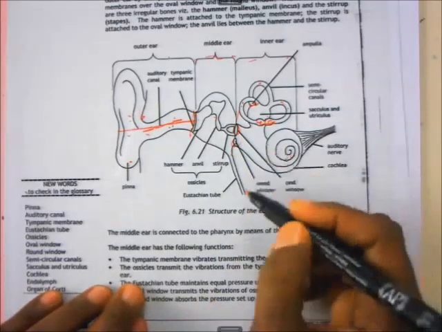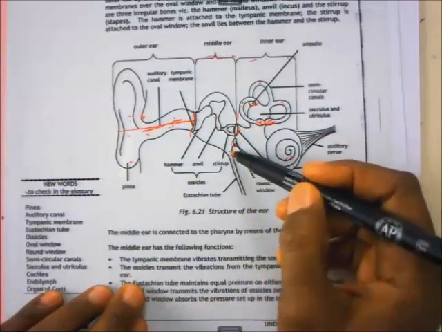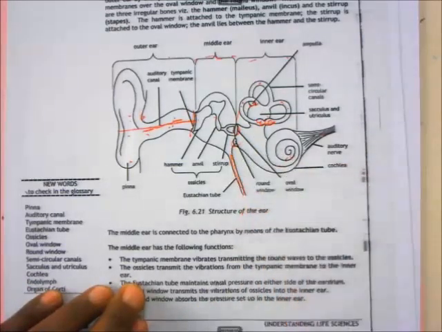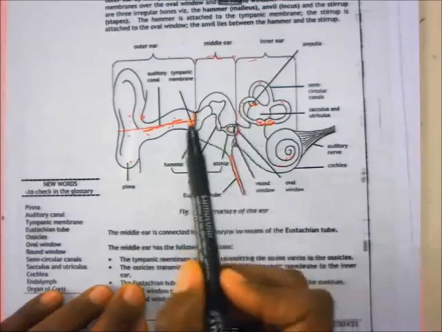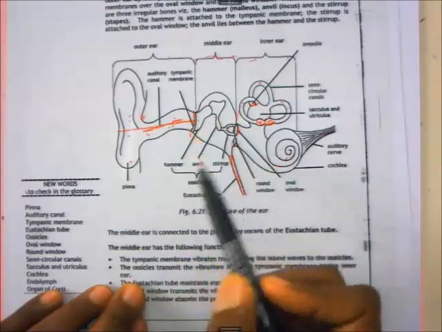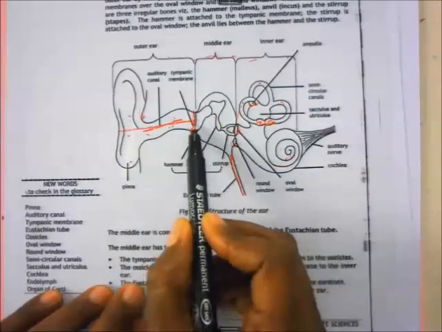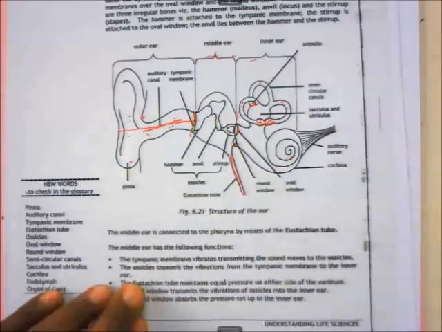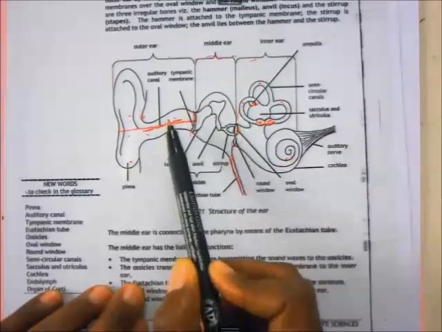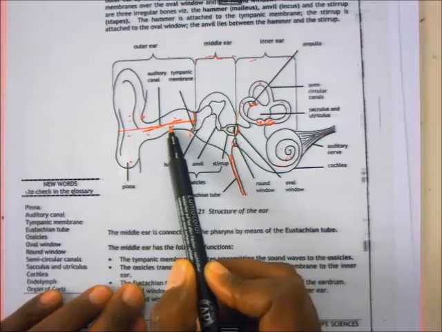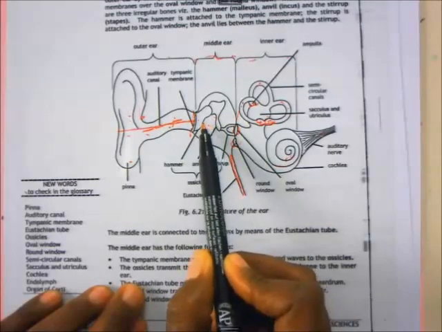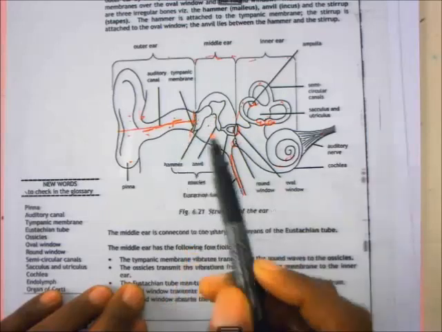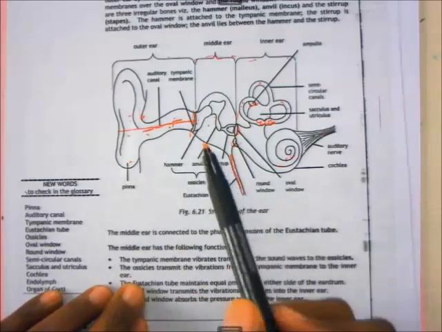It is this opening, which is called the eustachian tube. The eustachian tube equalizes the pressure on both sides of the tympanic membrane. When the pressure is equal, both here in the outer ear as well as here in the middle ear, the tympanic membrane is able to vibrate.